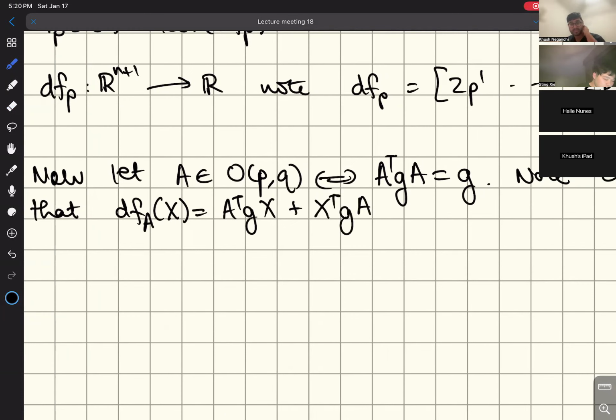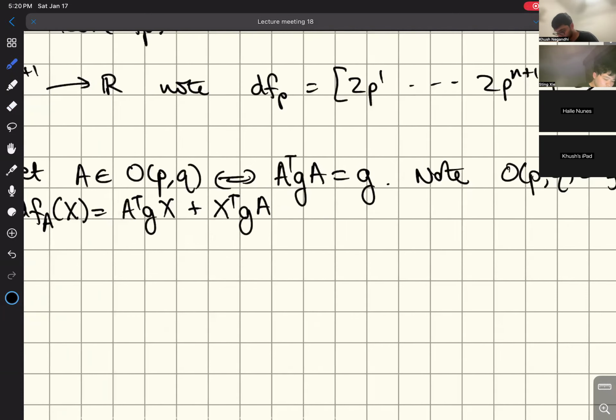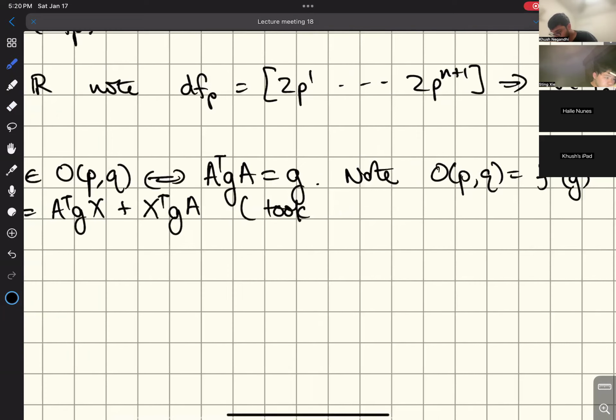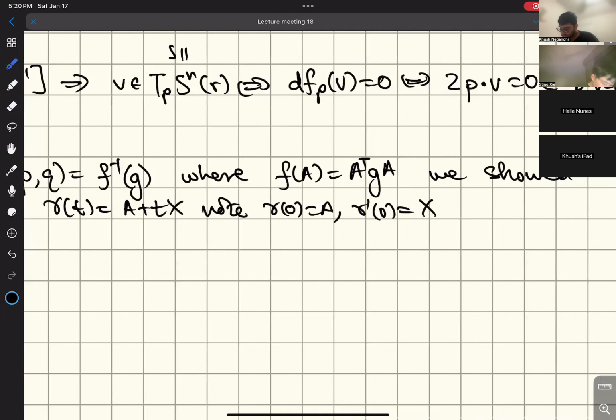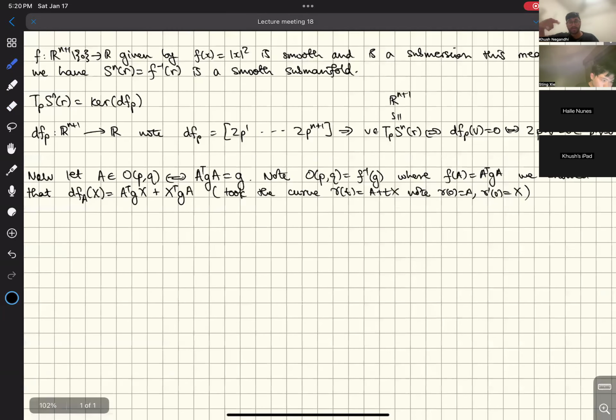And the way we did this is we took the curve gamma of t equals A plus tX. So note gamma of 0 is A and gamma prime of 0 is X. And then you just put it into the definition of dF at A and you get this out.